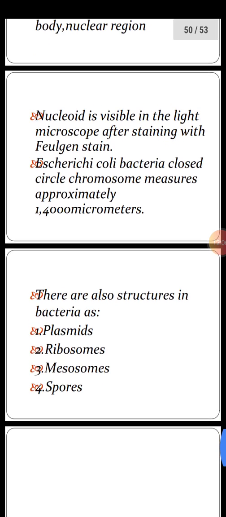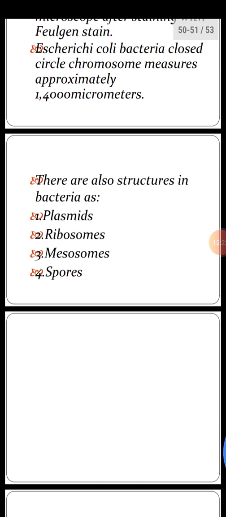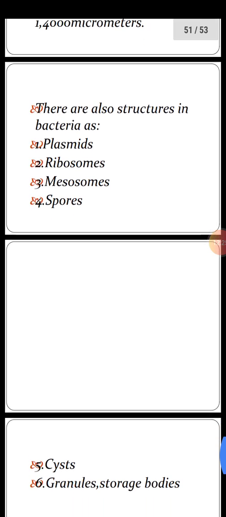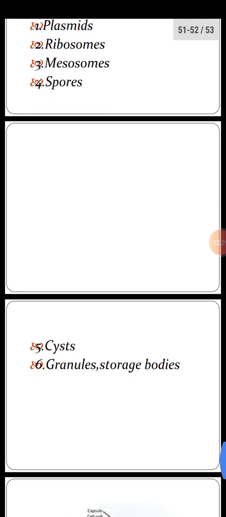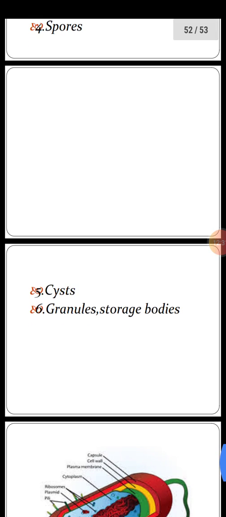The nucleoid is visible in a light microscope just after staining with a stain called Feulgen stain. The E. coli, or Escherichia coli, bacterial closed circle chromosome measures approximately 14,000 micrometers. There are also some other structures in bacteria, such as spores, plasmids, ribosomes, mesosomes, cysts, granules, and storage bodies.